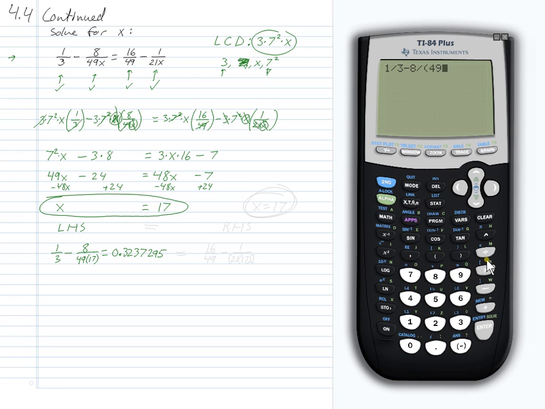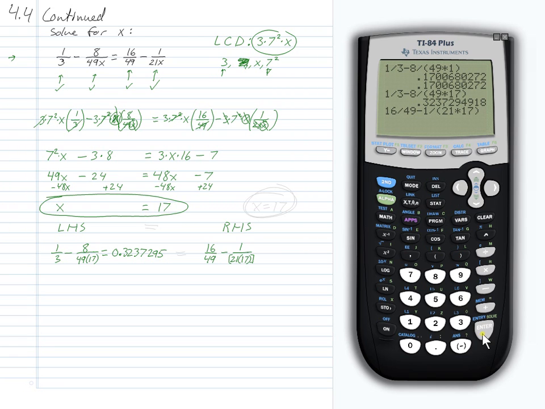On the right-hand side, we plug in 16 over 49 minus 1 over 21 times our x value of 17. We get really funky numbers. Let's see if they work out. So 16 over 49 minus 1 over the product, 21 times 17. You'll want parentheses around that in your calculator.